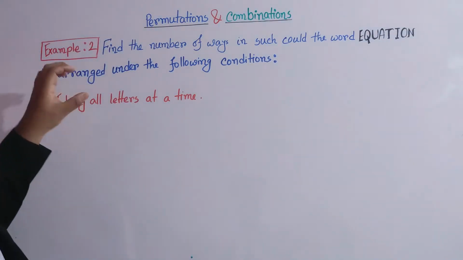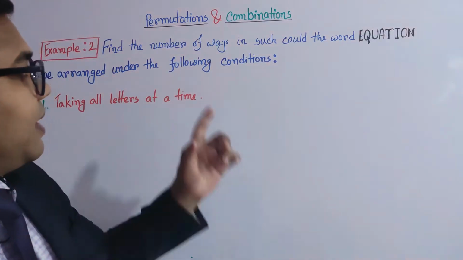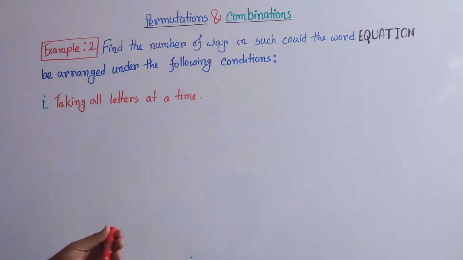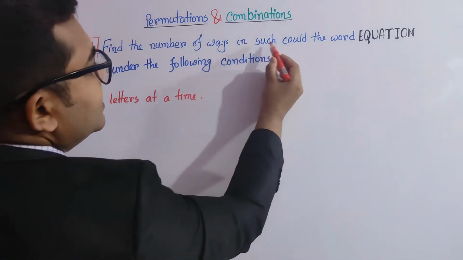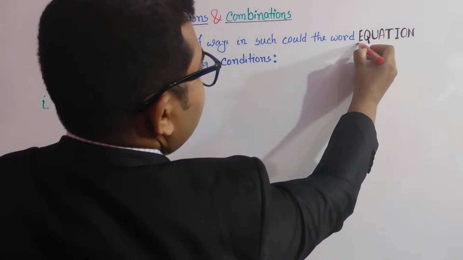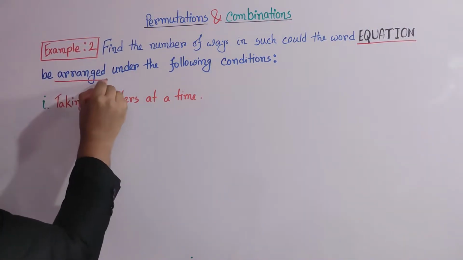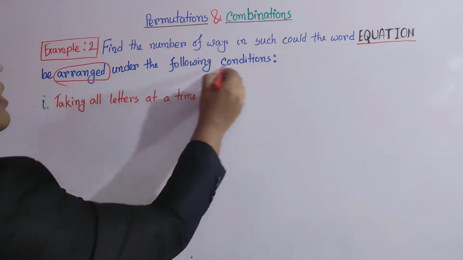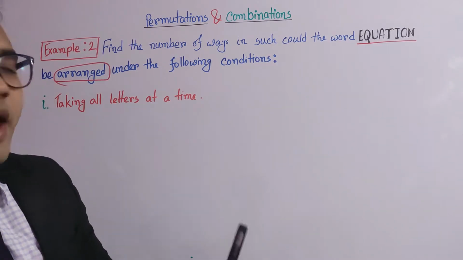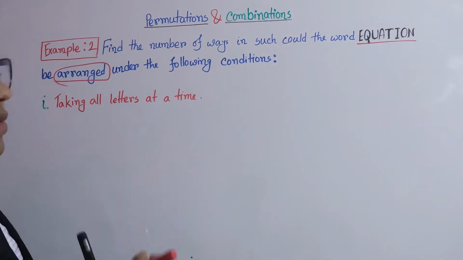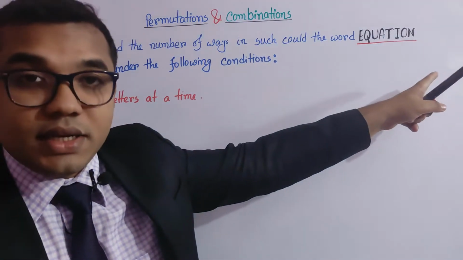Our first math is from example 2 in chapter 5, permutation and combination, and the question is: find the number of ways in which the word "equation" could be arranged under the following conditions. There are some conditions, and we have to find solutions for them, and the given word is equation.